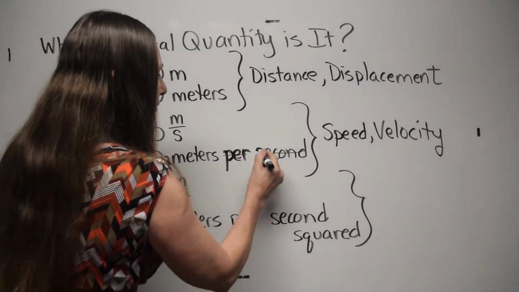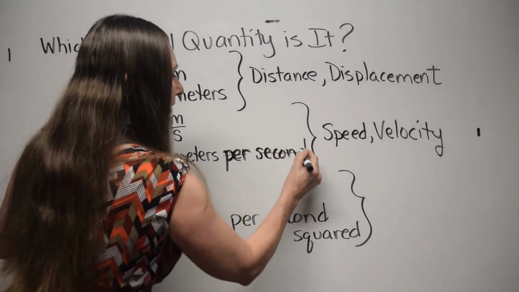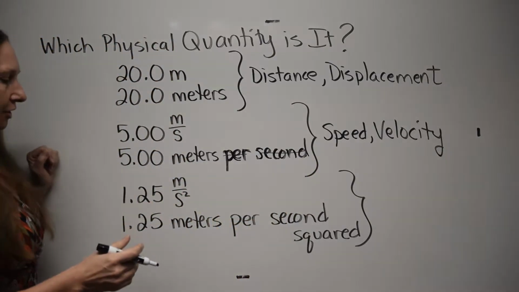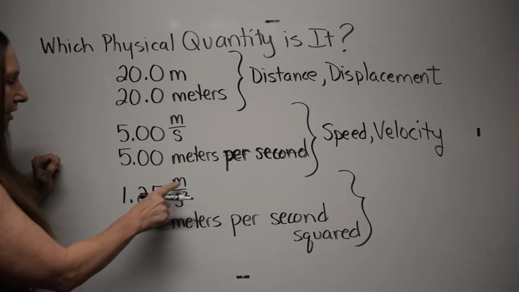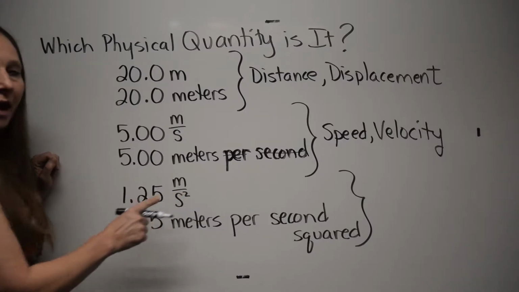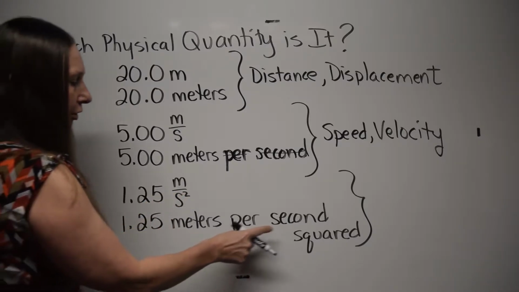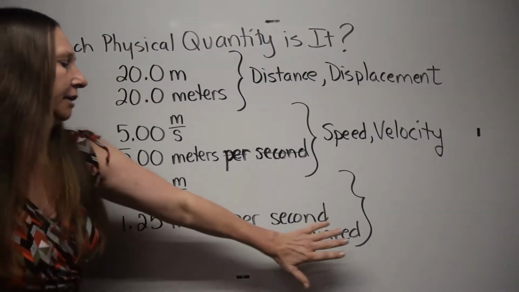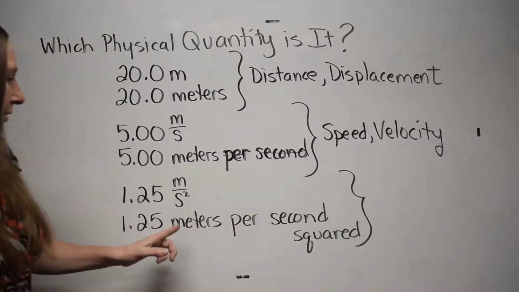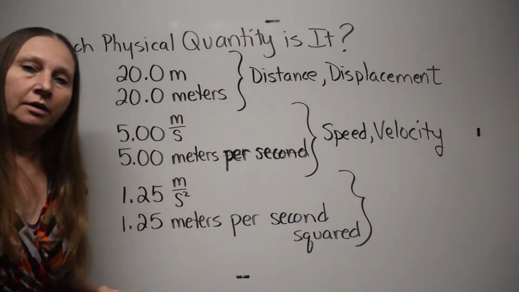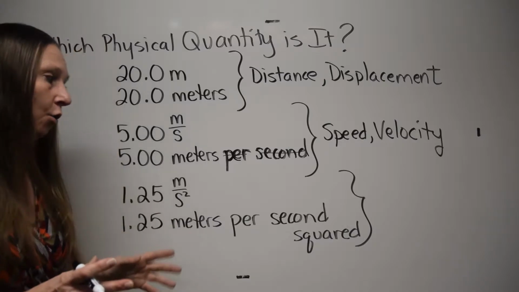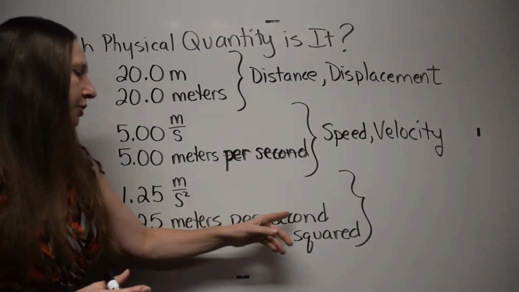It's meters per second. Now, another common mistake would be to see meters per second squared, and you forget about the squared. You read meters per second and say, oh, that's a velocity or a speed. No, no, no, no. It's meters per second squared.